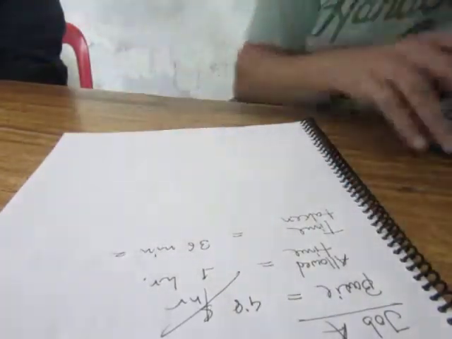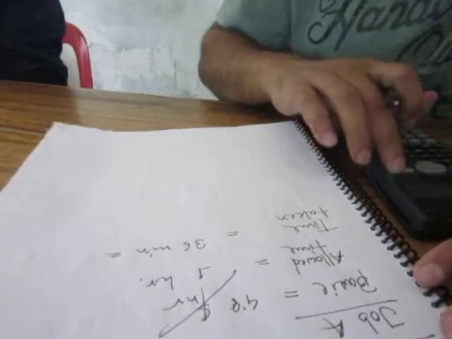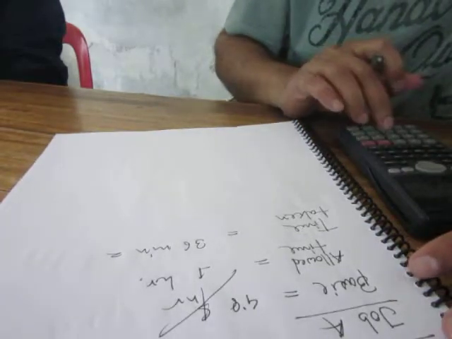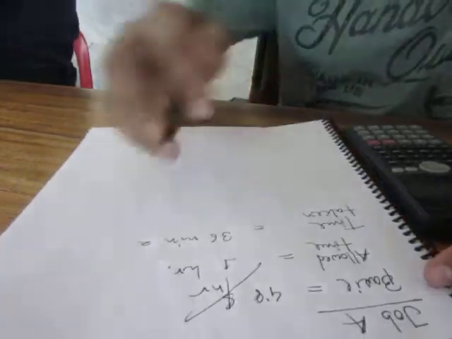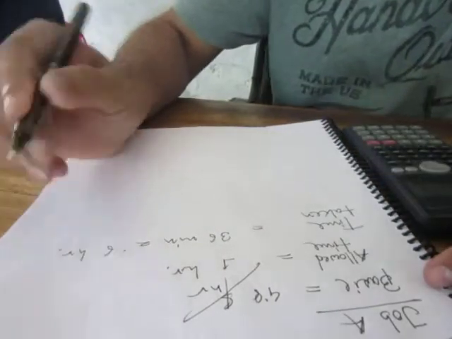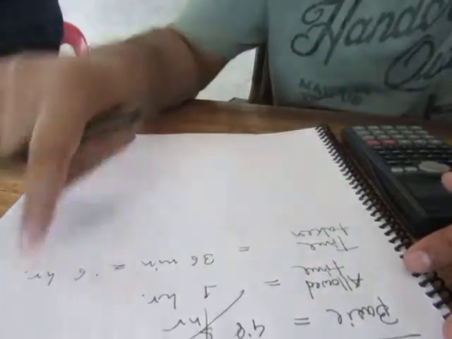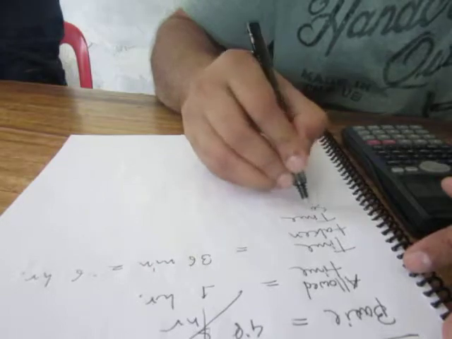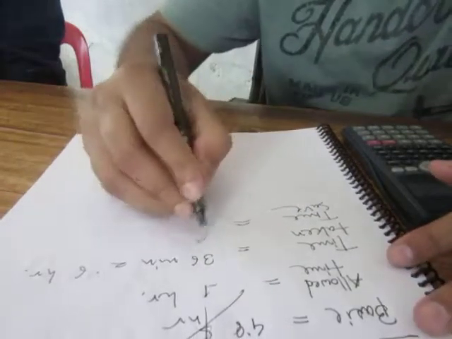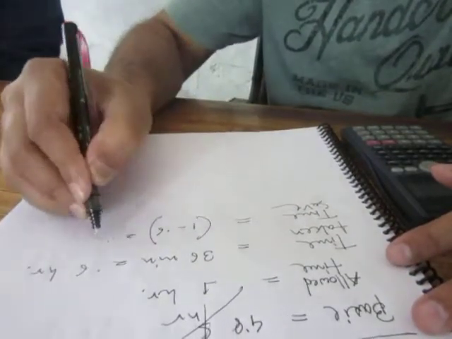You need to convert this into hours. 36 divided by 60 is 0.6 hours. So this is the time taken, and you can find out time saved. Time saved is 1 minus 0.6, 0.4 hours.